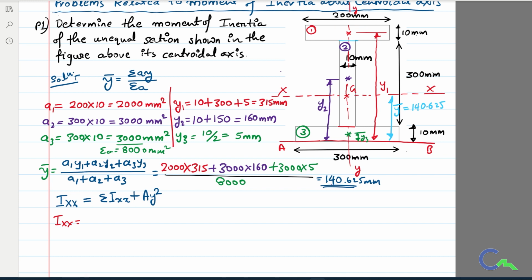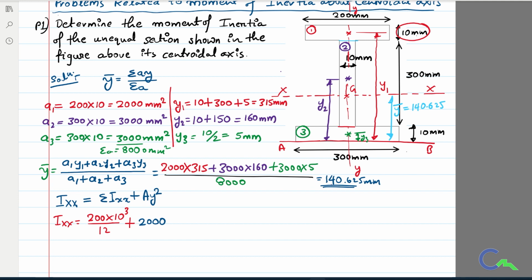Therefore, bd cube by 12 is 200 into, for the first rectangle, d value is 10 mm, 10 cube divided by 12. We already calculated the area, it is nothing but 2000 mm square. So I'm going to substitute here 2000 mm square.